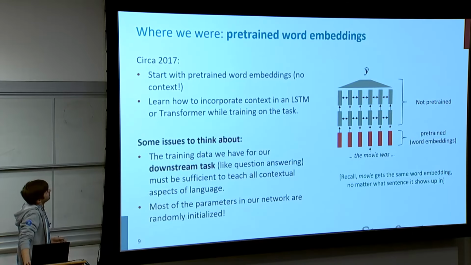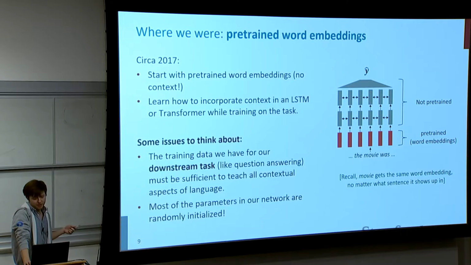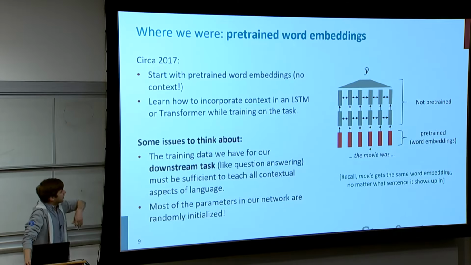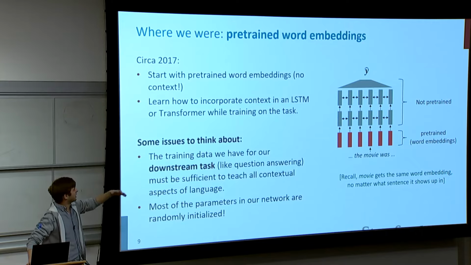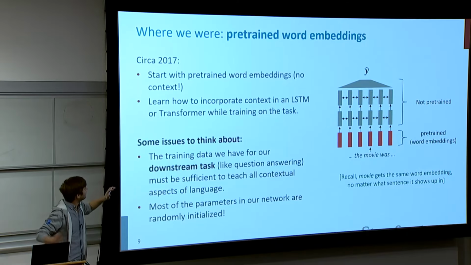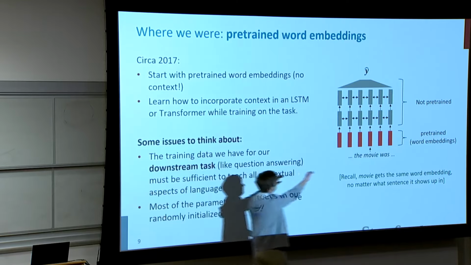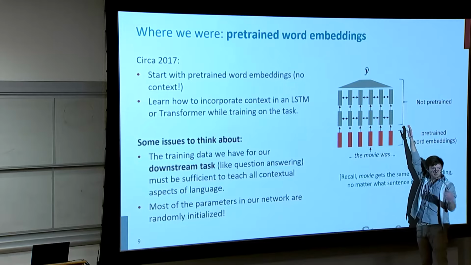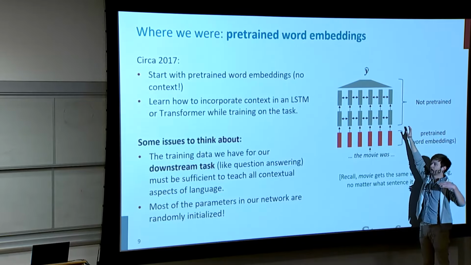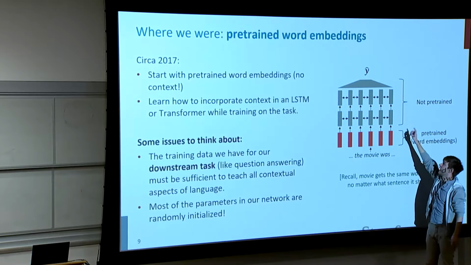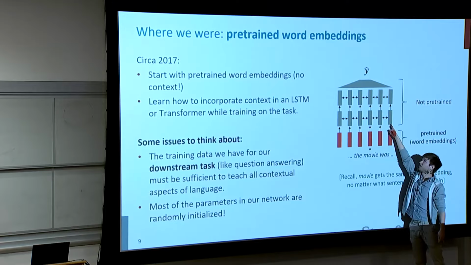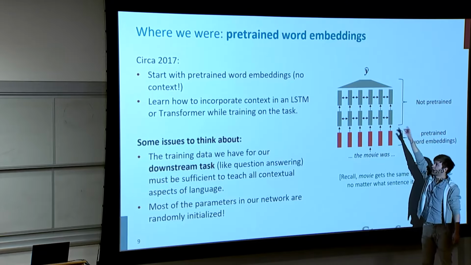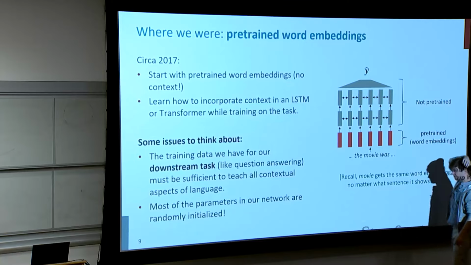So what we had before were pre-trained word embeddings, and then we had a big box on top of it, like a transformer or an LSTM, that was not pre-trained, right? So you learn your word embeddings via context here, and then you have a task like sentiment analysis or machine translation or parsing or whatever, and you initialize all the parameters of this randomly, and then you train to predict your label.